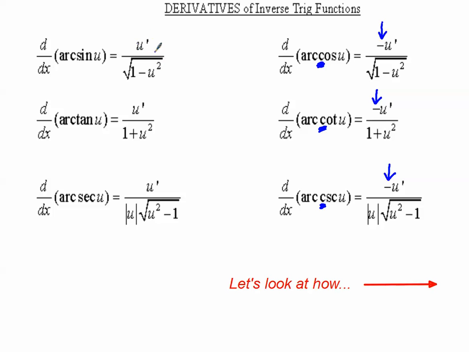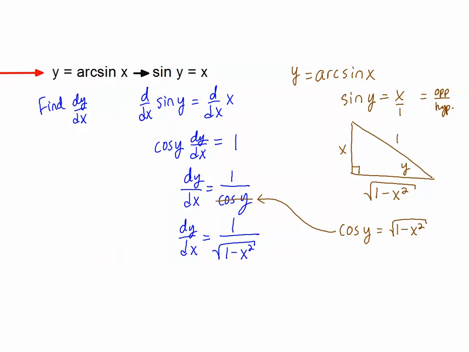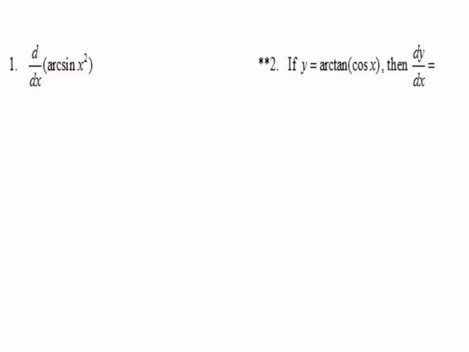This is just using the chain rule. Let's go ahead and use this derivative, but with the chain rule as we practice some of these problems. This is the u in question. Usually it'll be what's inside the arctrig function. So we say, first of all, our formula, u prime over the square root of 1 minus u squared.